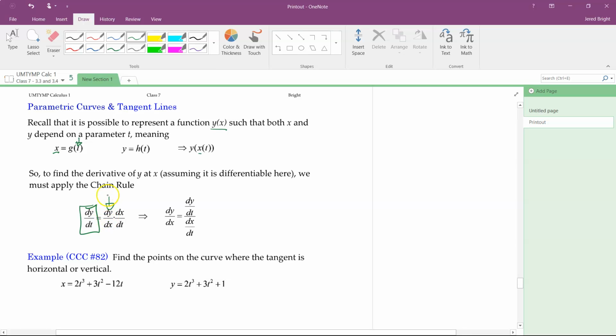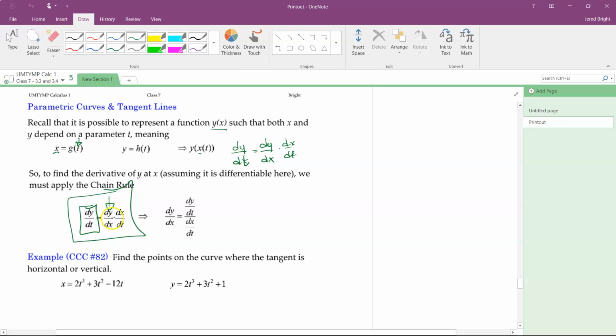By the chain rule, dy/dt is equal to dy/dx times dx/dt. And that's where this whole thing arises.